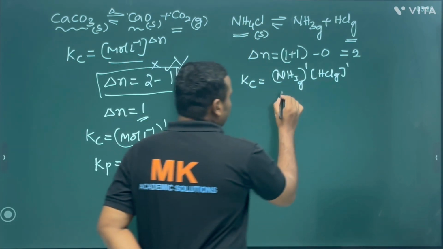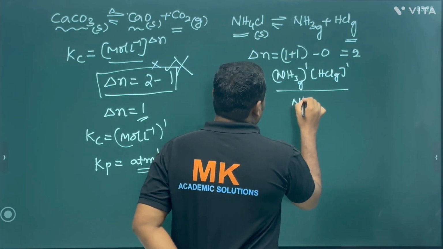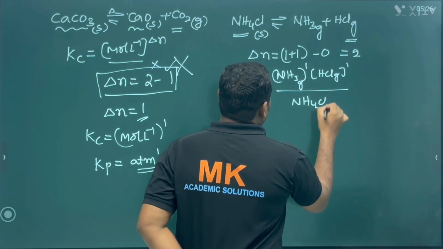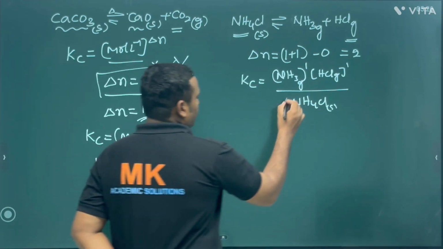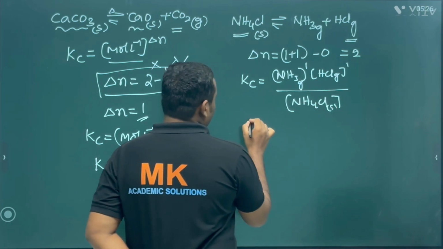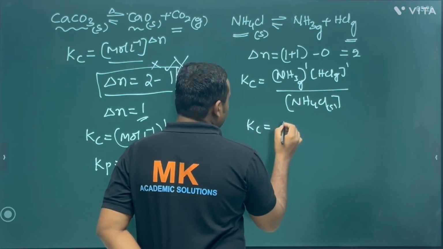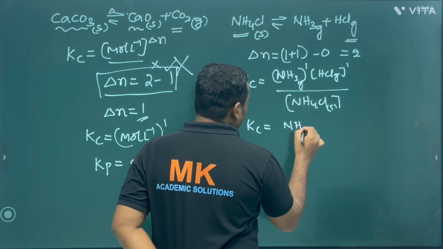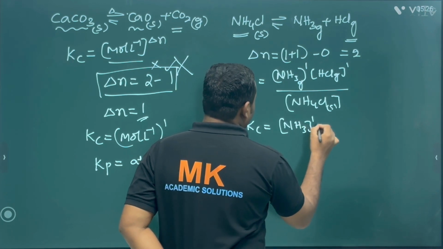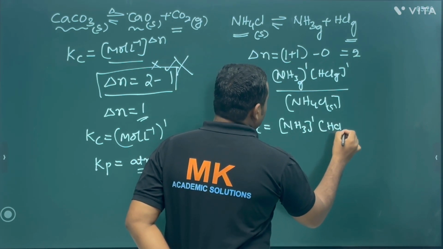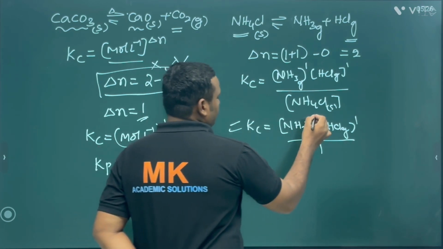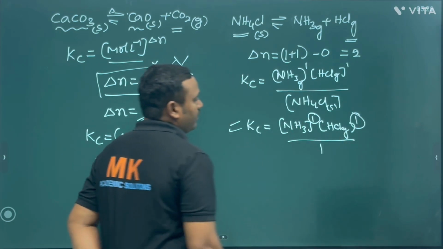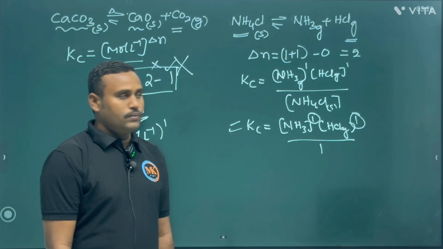Even if you take ammonium chloride in the solid state, its molar concentration will become unity. So here Kc is equal to NH3 gas to the power 1 and HCl gas to the power 1, divided by 1. That's why the delta n value here is 1 plus 1, 2 only.